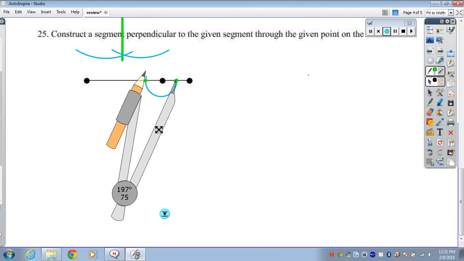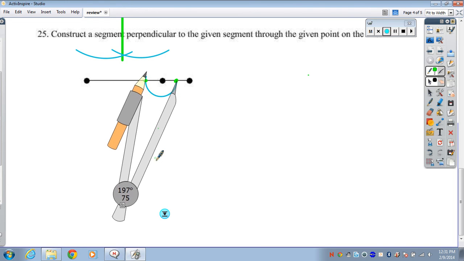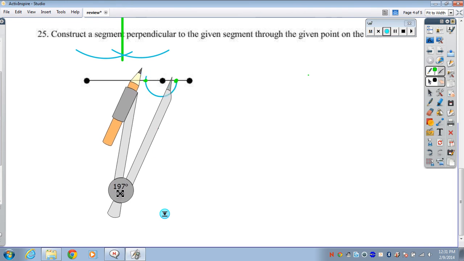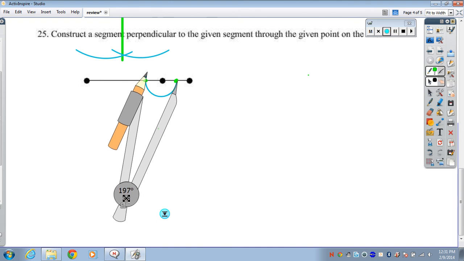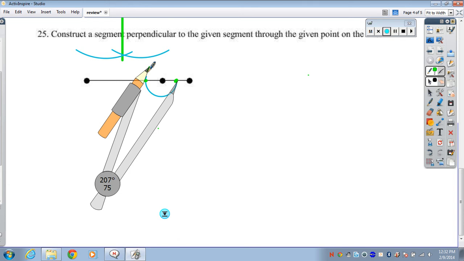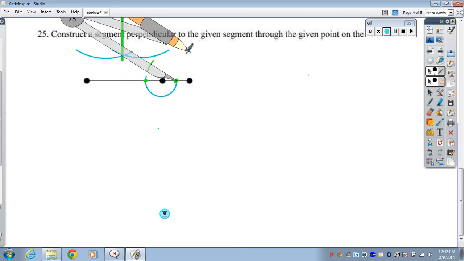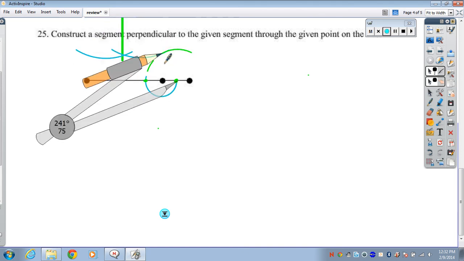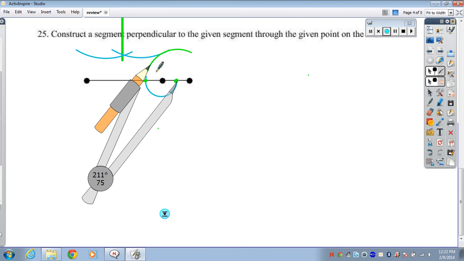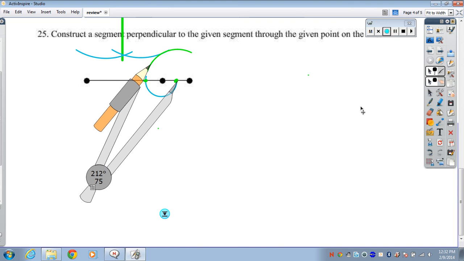Because we want to draw an arc, I'm going to start up here and draw an arc. I'm going to stretch my compass out a little bit more because I don't like where that arc is going.